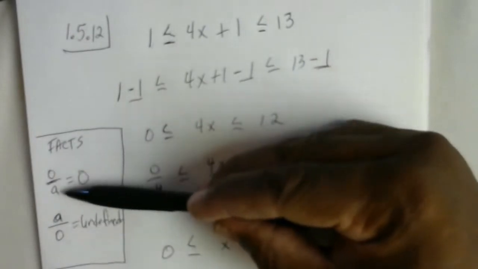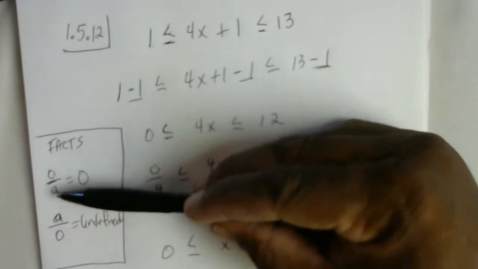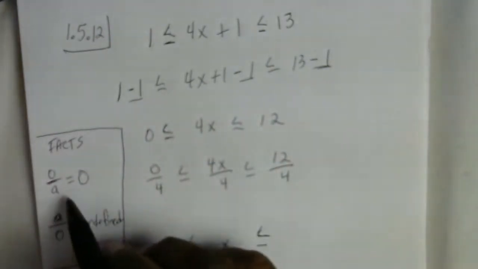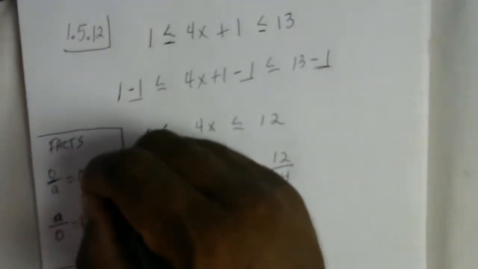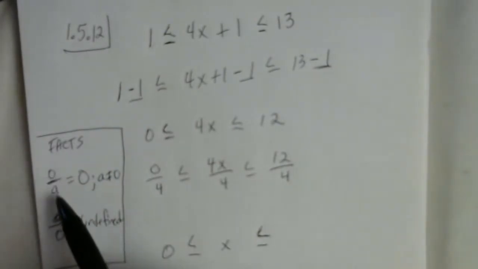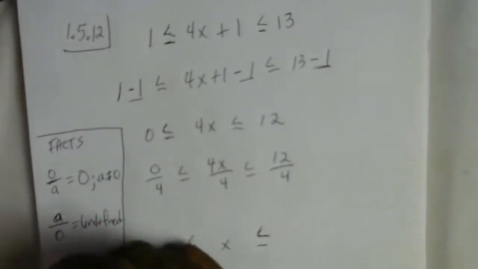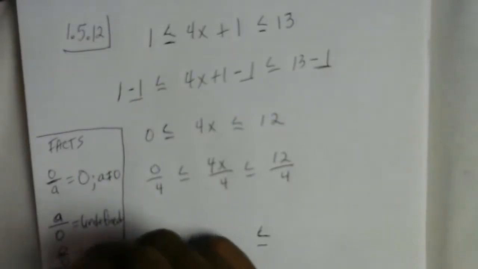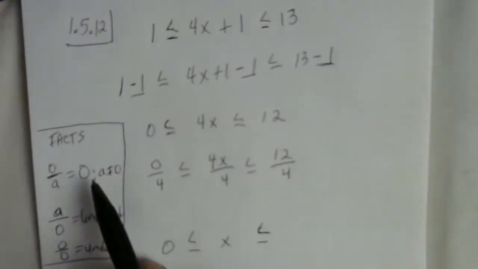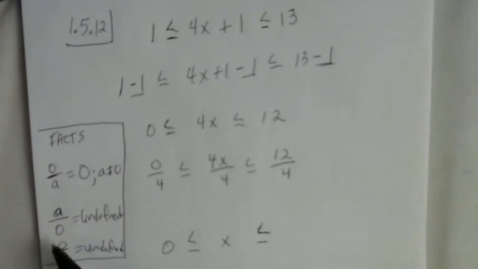So I'm going to put a little stipulation to this. A can be any number, and this is what you'll see oftentimes on these formulas. A cannot equal 0. So 0 over any number except for 0, because 0 over 0 is undefined. All right, so 0 over any number except for 0 is 0. If 0 is in your denominator, then your number is undefined.